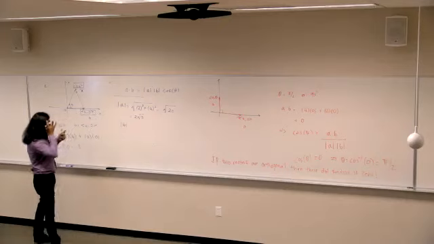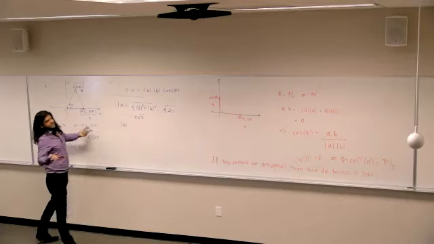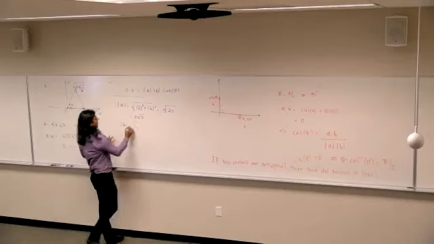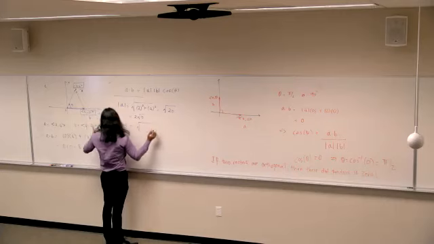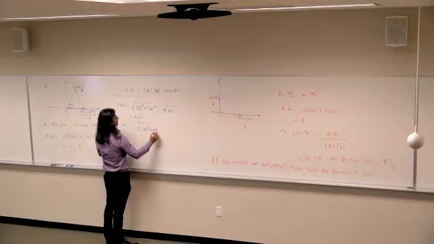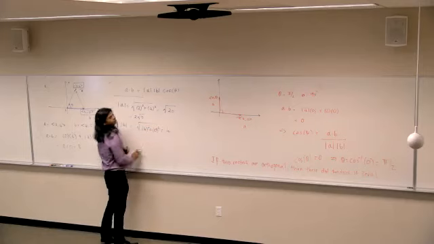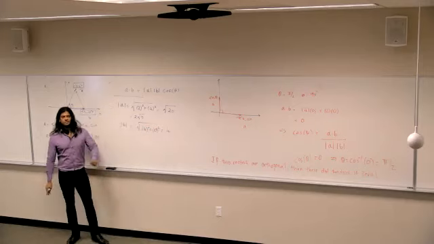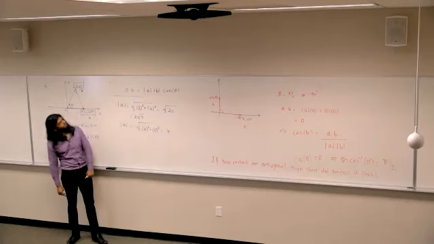For B, same. It's just 4, right? But I'll write it so you know. So 4 squared plus 0 squared. It's just 4, square root of 16.